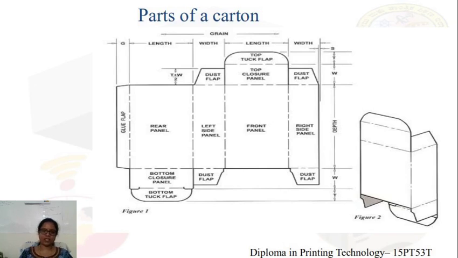And here the rear panel and also the front panel carry the top closure panel and bottom closure panel, wherein these two closure panels are also folded at a 90-degree angle to give a closure to the sleeve, and the tuck flap is also attached to both the top and bottom closure panels with curvy textures on either side of the tuck flap.